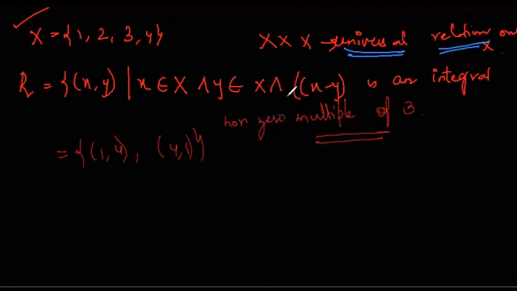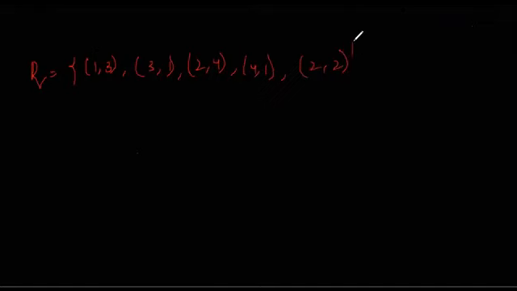Now the next thing is, whenever we are given two sets, and based on that we are creating a relation, then we can perform union and intersection on those relations. So let's consider two relations. If R is 1 comma 3, 3 comma 1, 2 comma 4, 4 comma 1, 2 comma 2, and S is the relation 1 comma 4, 4 comma 1, and 2 comma 2.